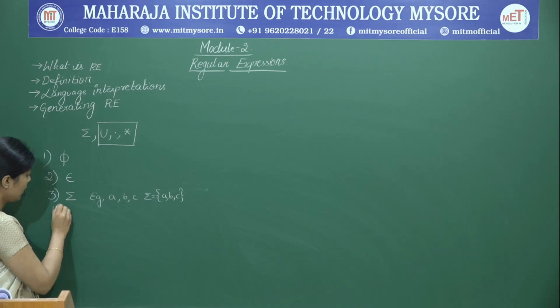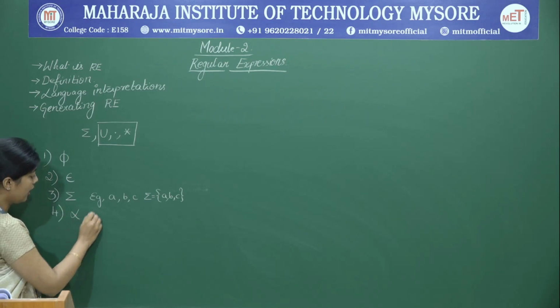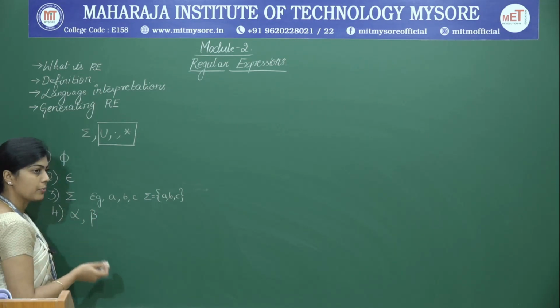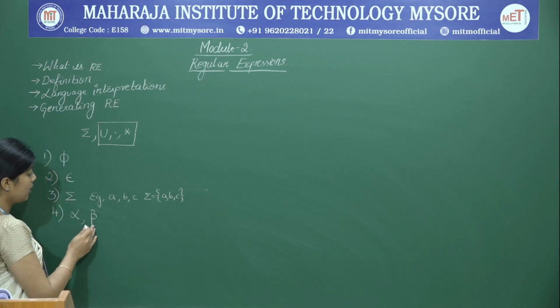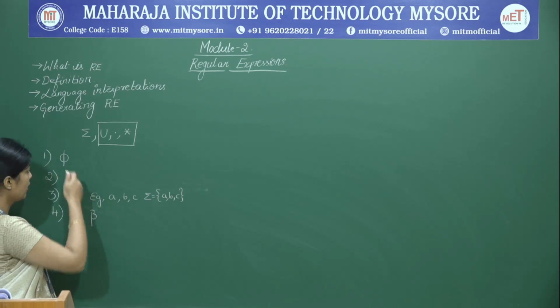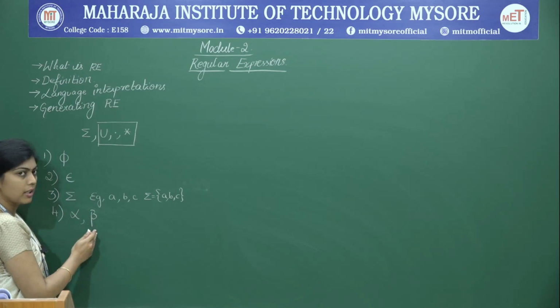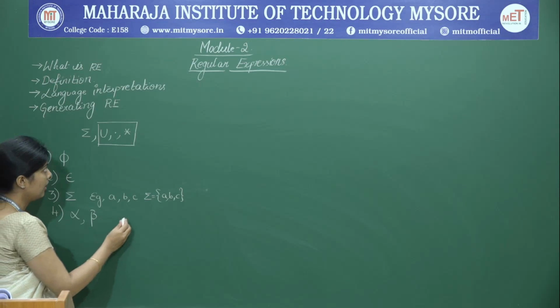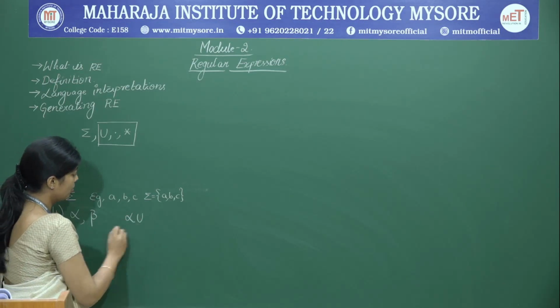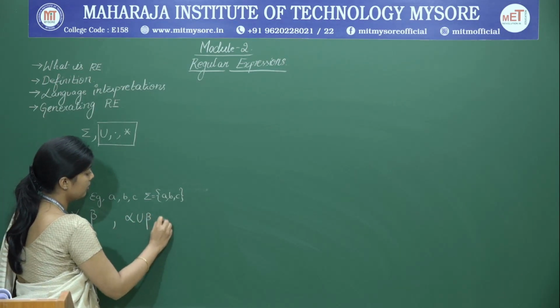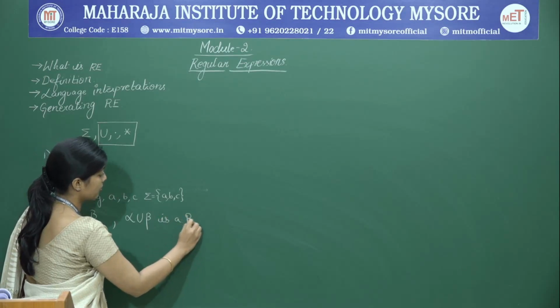The fourth one, if alpha and beta are two regular expressions, so these alpha and beta can be regarded as anything from 1, 2 and 3. If alpha and beta are regular expressions, then alpha union beta is a regular expression.